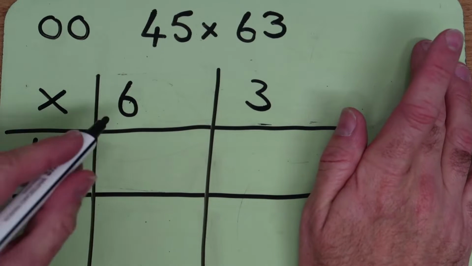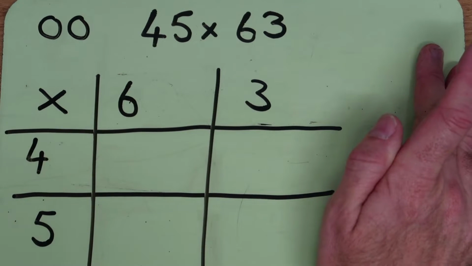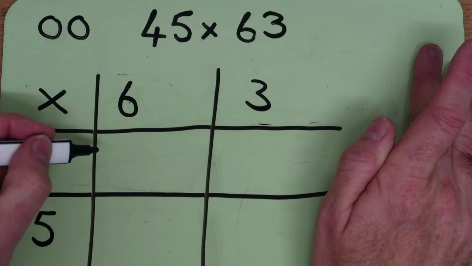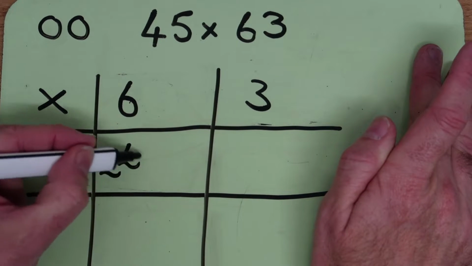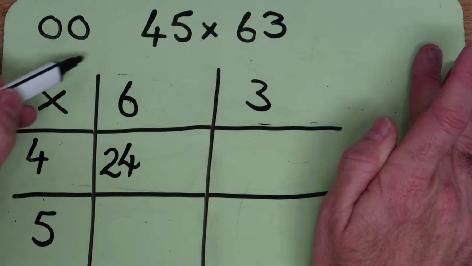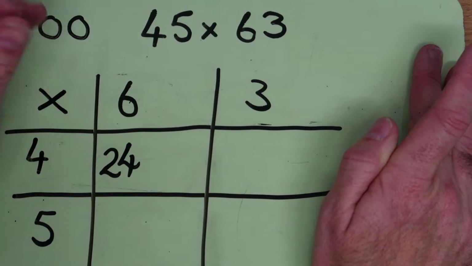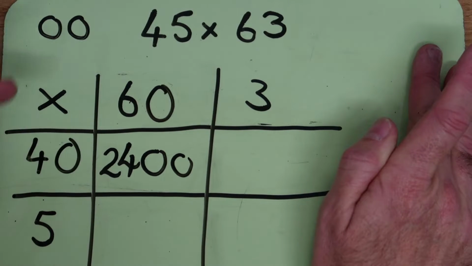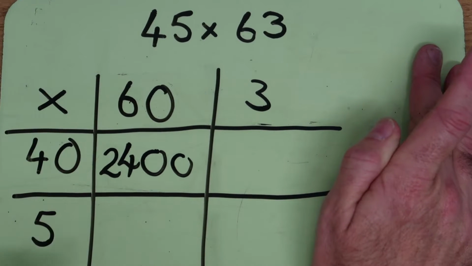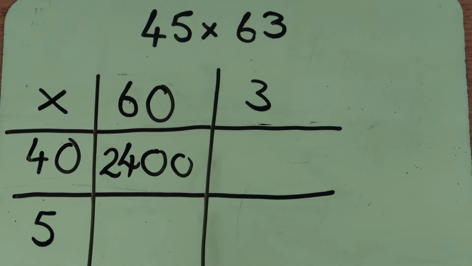Another video I'll cover how to work out times tables if you don't remember all of them, but for those of you who do know them, you'll know that 24 is 4 times 6. Now these two zeros that we've taken off, we're going to pop back on. Don't forget to pop them back onto the numbers you took them off as well. And now we know that 40 times 60 is 2,400.